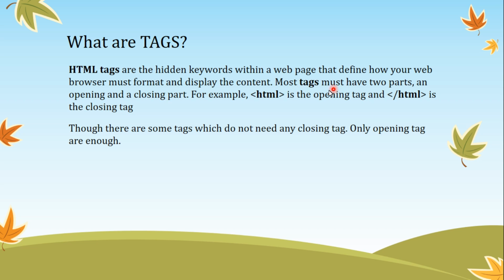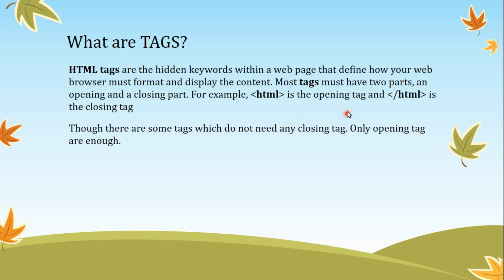Now most of the tags have two parts, an opening part and a closing part. For example, in this tag you can see that we have two angle brackets and HTML written in it. This is the opening tag. Whereas this, an angle bracket and a front slash HTML, is a closing tag.